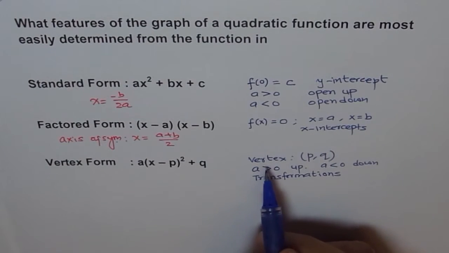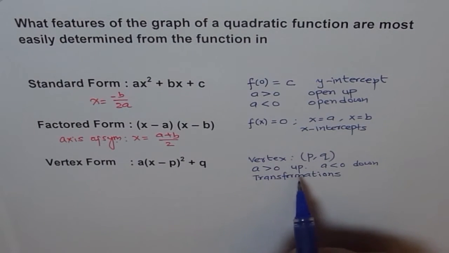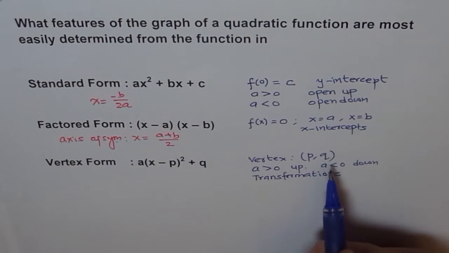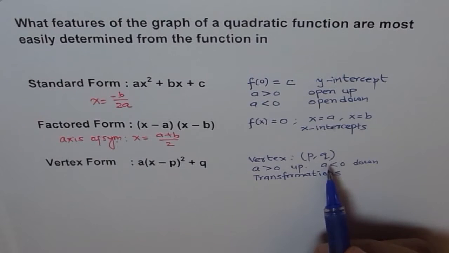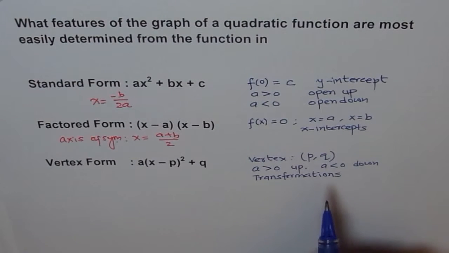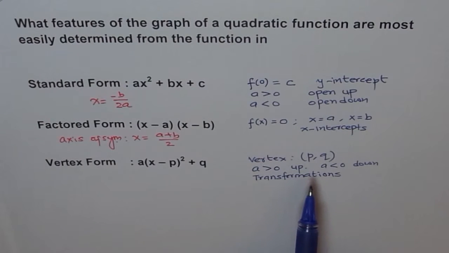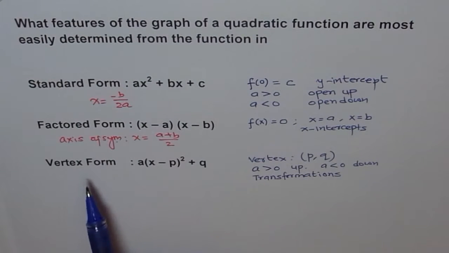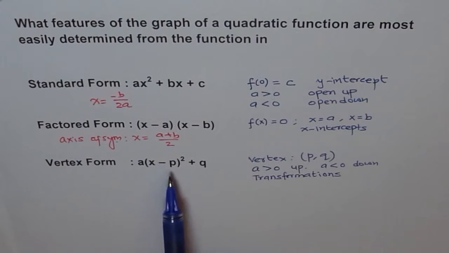Now when I have written vertex, it means that we do get the axis of symmetry, the minimum or maximum value, and the point at which we have a maximum or minimum value. Correct? So these are things to remember when you have a quadratic function in all these forms. Now, you can see how difficult it is from vertex form to find the y-intercept.